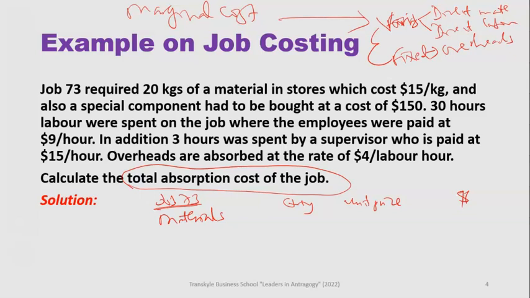Like I said, we are going to use these formats normally throughout the lecture, with the material, direct labor, overhead, etc., in most of the examples. So for material, let us go back again to the scenario. We are told that this job required 20 kgs of materials in store. So this material is from store.